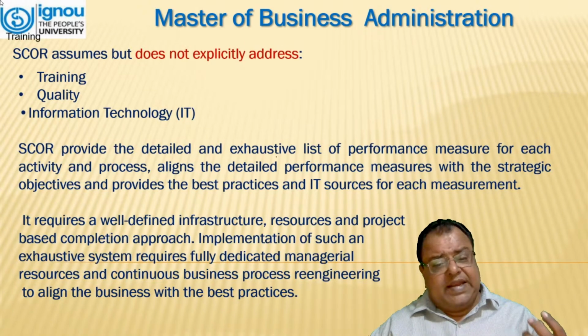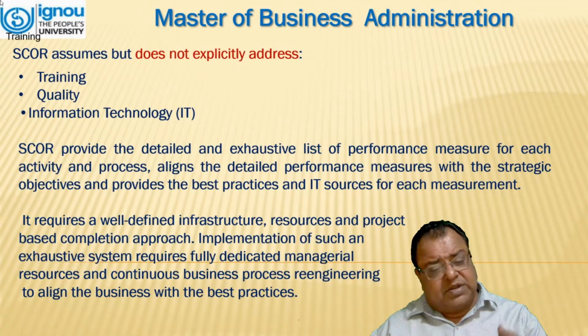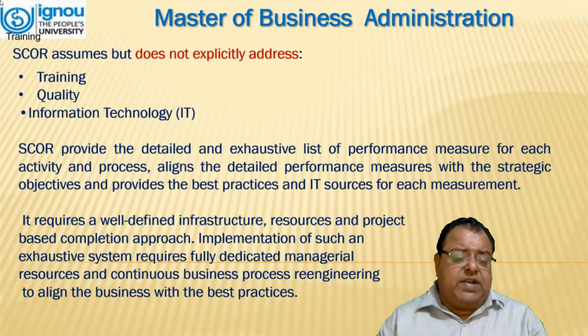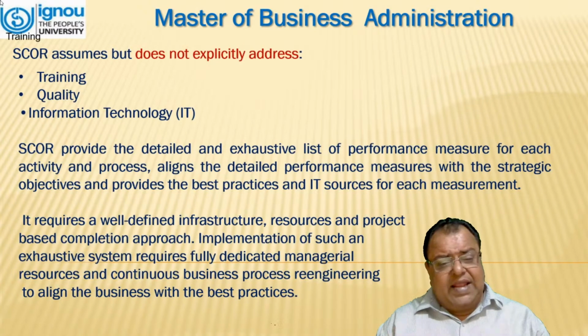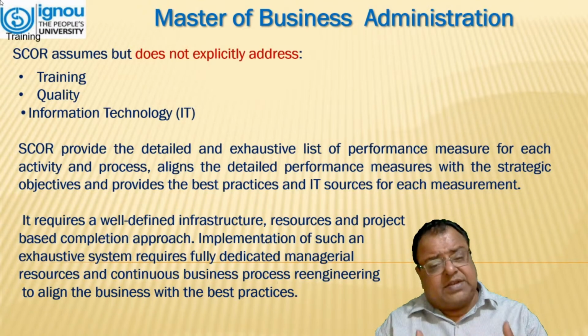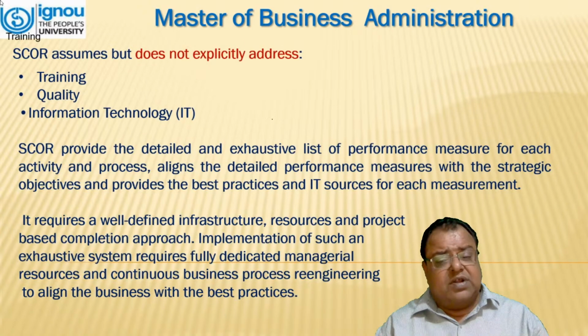SCOR provides a detailed and exhaustive list of performance measures for each activity and process, aligns the detailed performance measures with the strategic objectives, and provides the best practices and IT sources for each measurement.